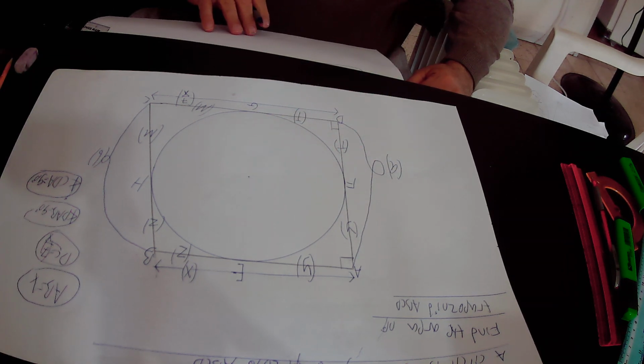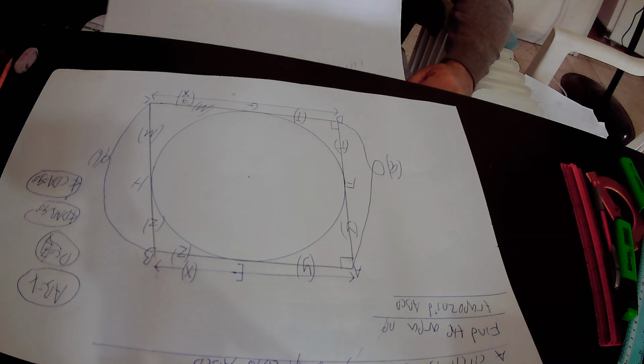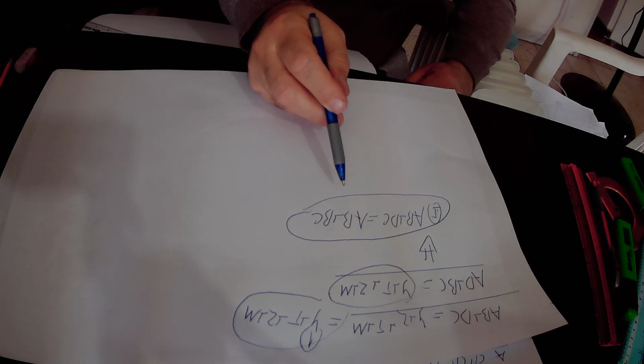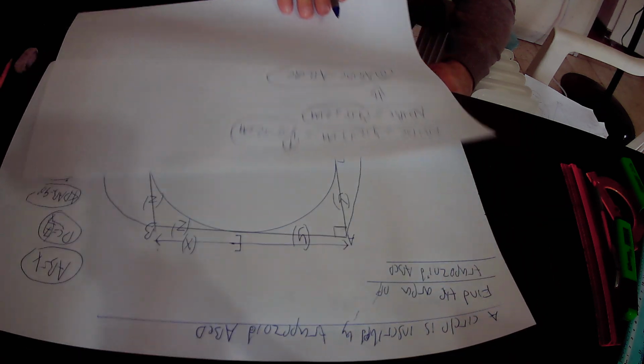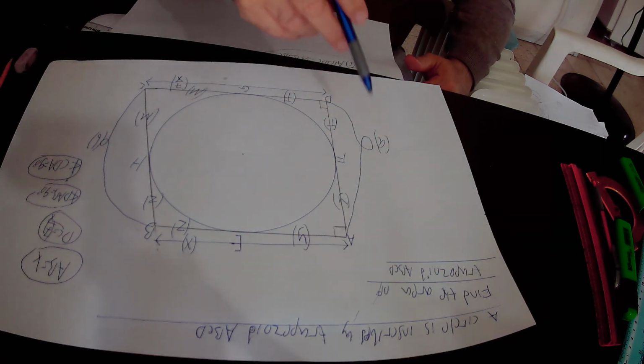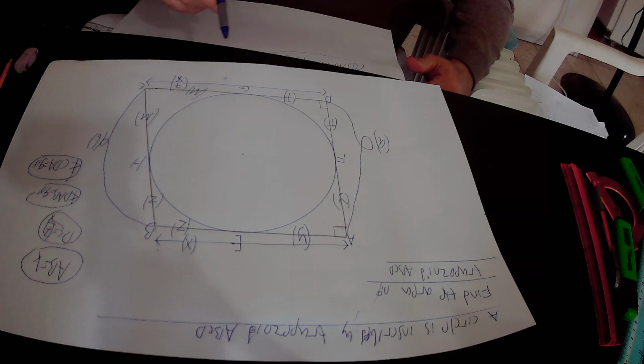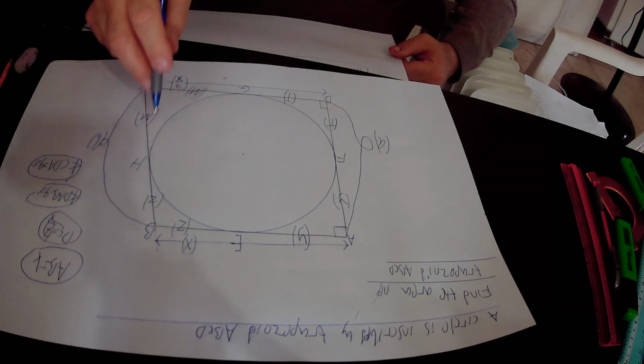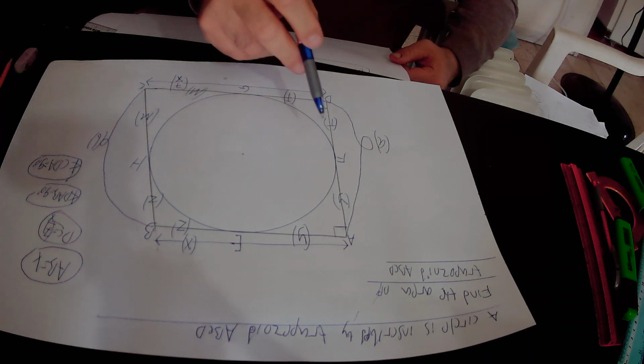Okay, and according to equation 1, we found out that AB plus DC equals AD plus BC.